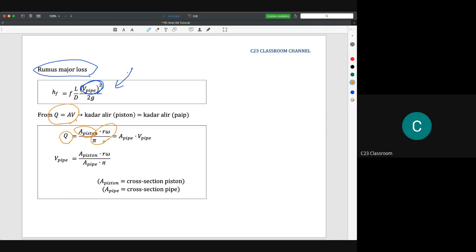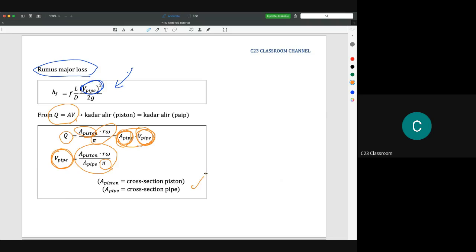It is equal to the cross-sectional area of pipe multiplied with the velocity of the pipe. Then we could rearrange this equation to calculate the velocity of water inside that pipe, which is the cross-sectional area for piston times R omega, divided by the cross-sectional area for pipe, divided by pi.